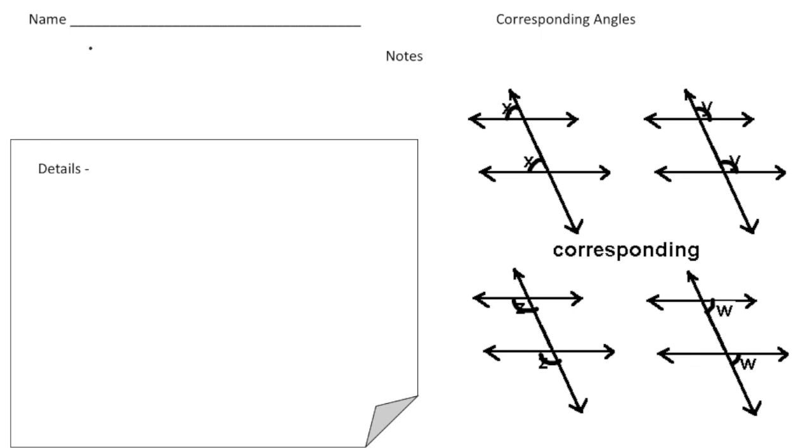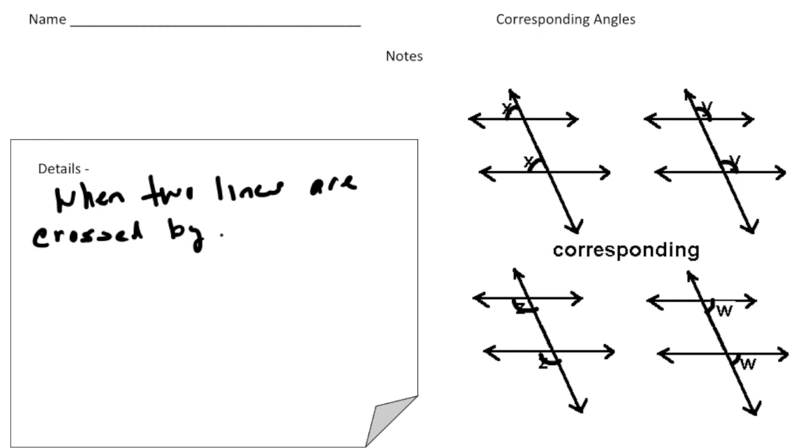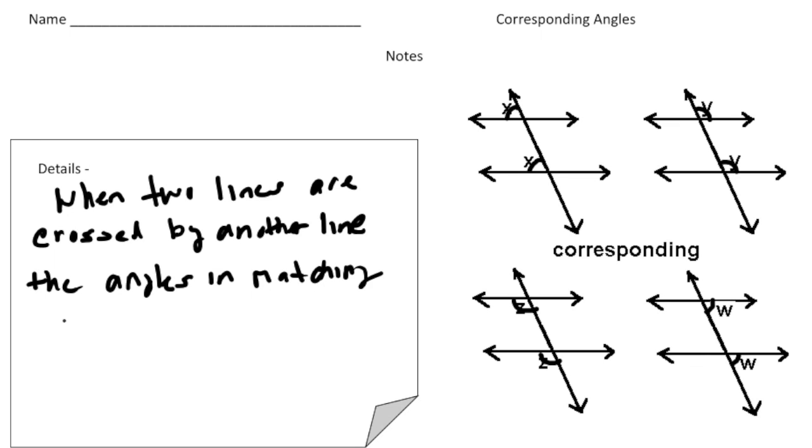All right, so there's a couple of things to write down in the details box. When two lines are crossed by another line, the angles in matching corners are corresponding.